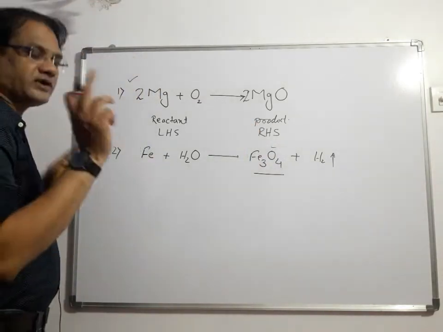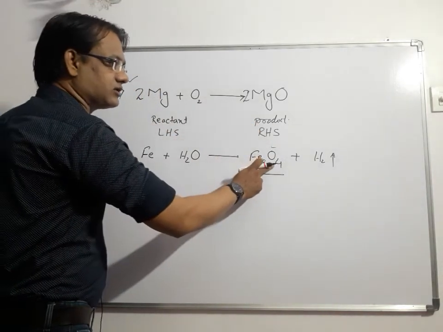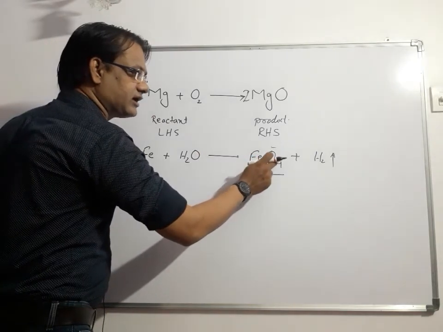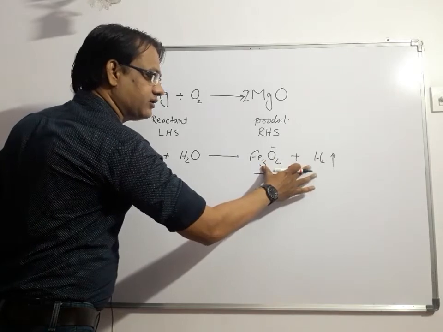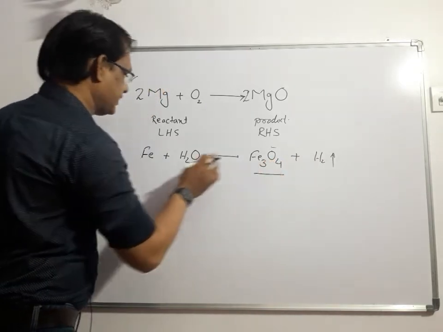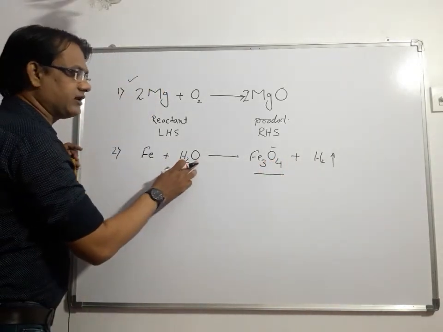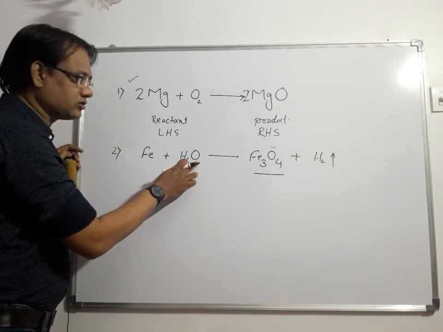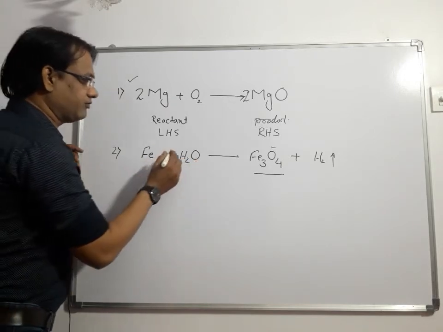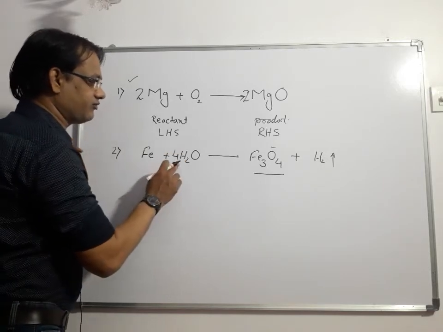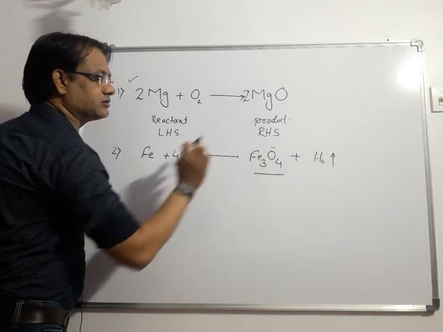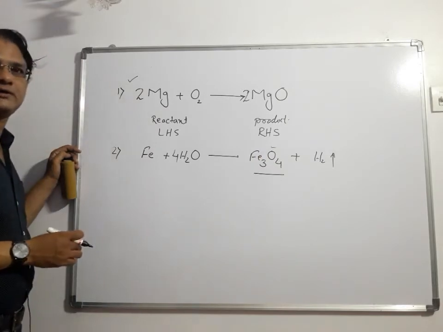First of all I will balance this oxygen. In this molecule there are 4 oxygens. On the product side 4 oxygens are there, and on the reactant side only 1 oxygen is there. So I will put 4 here to balance the oxygen. Now 4 oxygens are here, and 4 oxygens are here also.